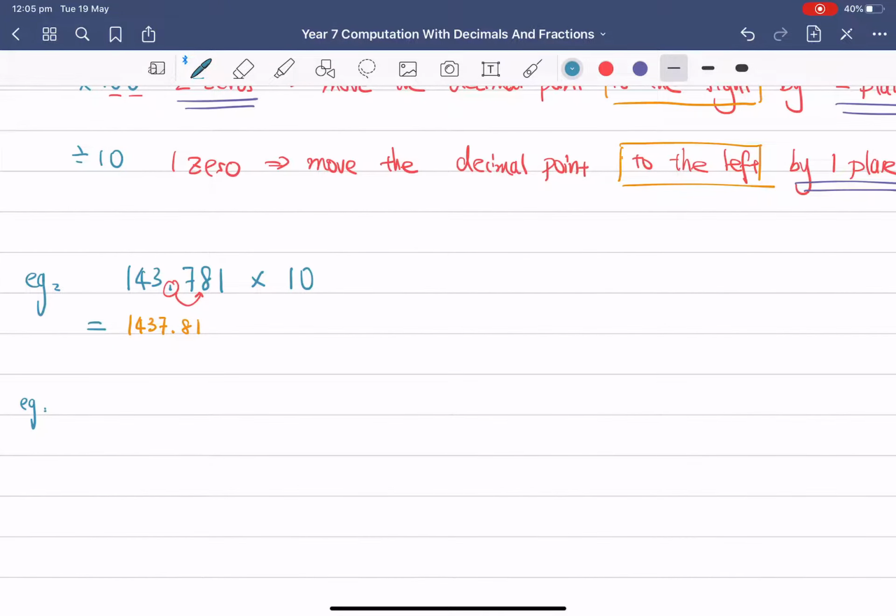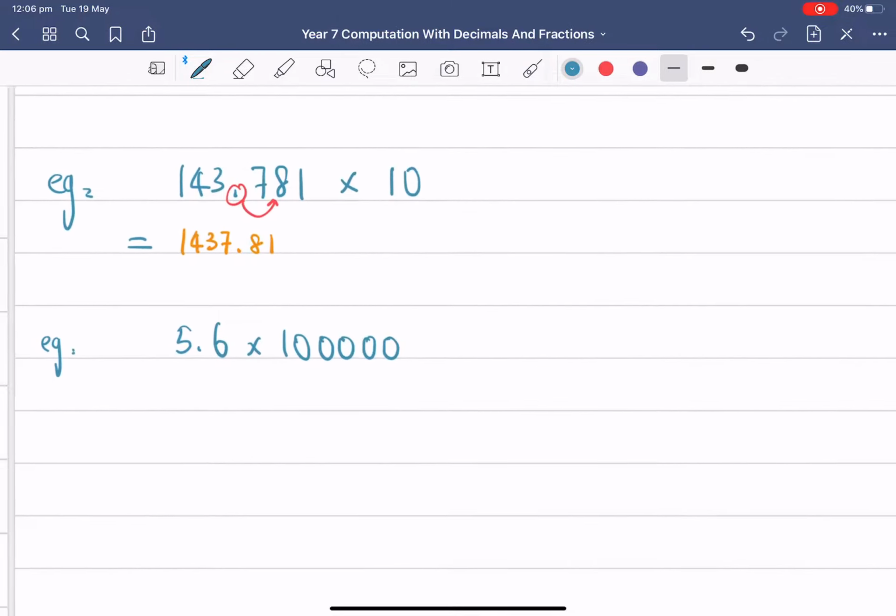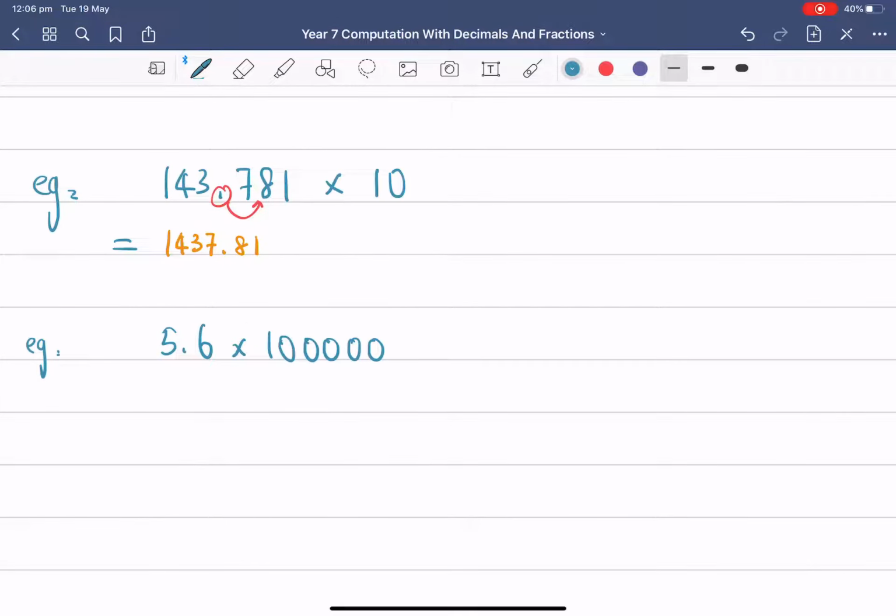This time, let's just say we've got 5.6 and we need to multiply it by 100,000. So what do we do in this case? When you're dealing with a question like this, I suggest you increase the number of zeros at the end of the decimal number. For this 5.6, I'm just going to add more zeros.